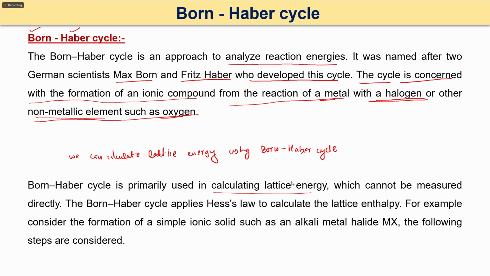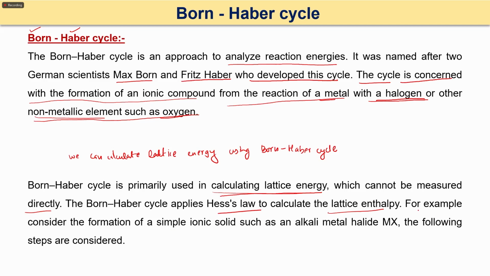In order to measure those, we use Hess's law. Here the Born-Haber cycle can also be used to calculate the lattice energy that cannot be measured directly. The Born-Haber cycle applies Hess's law to calculate the lattice enthalpy. So in order to calculate the lattice enthalpy, Born and Haber applied Hess's law.